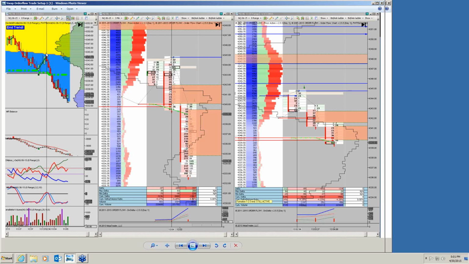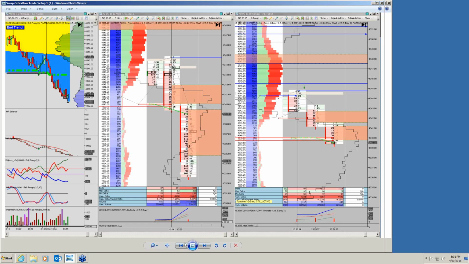I took a short with 2 contracts from the first low value area, and my initial target was the green dash dot line, which was the developing market profile.